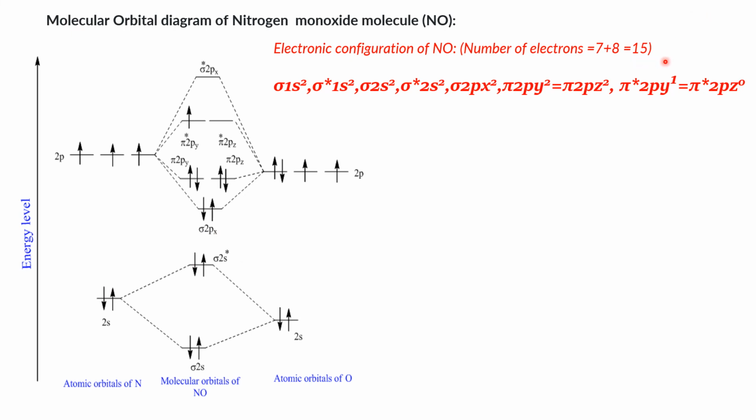Total there will be 15 electrons. And this is the configuration. And the bond order becomes 2.5. Just take it down. Very similar.